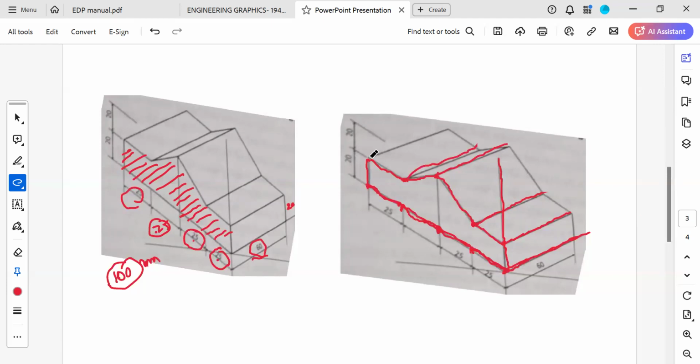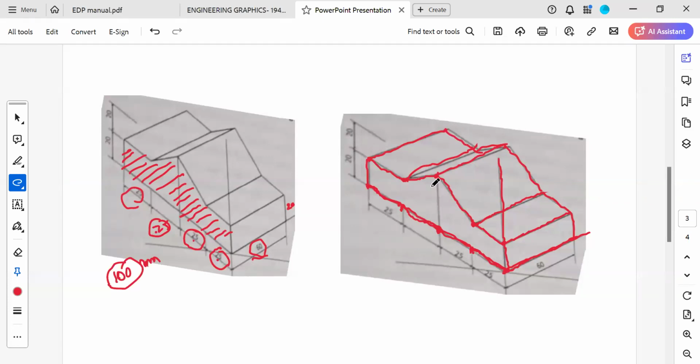Now you join those ends in a sequential order like this, parallel to this axis.